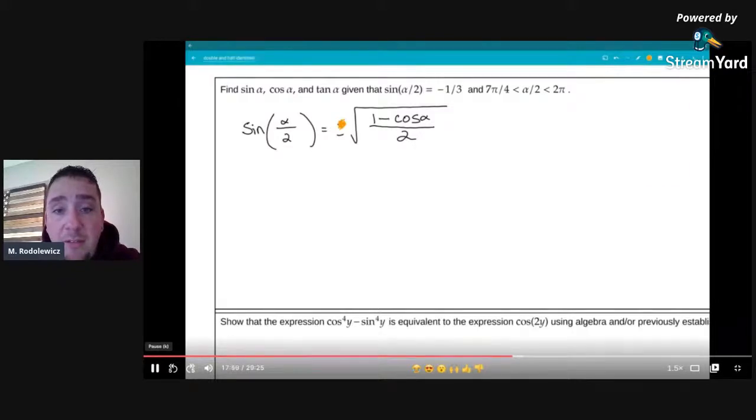So the half angle is in quadrant 4, which means sine must be negative. So I started by writing the identity, and the identity has the plus and minus sign, but I needed to ditch one of those. In quadrant 4, sine is negative.